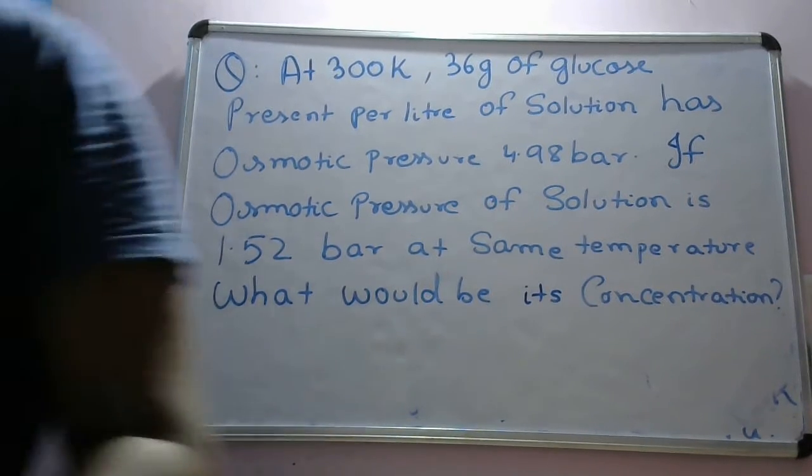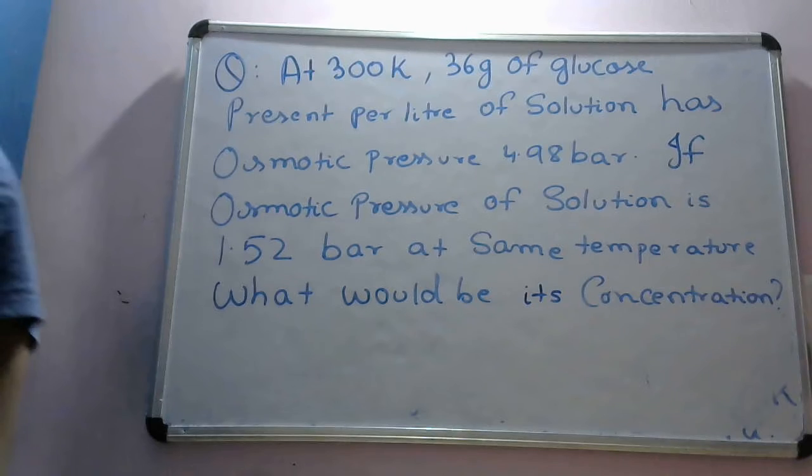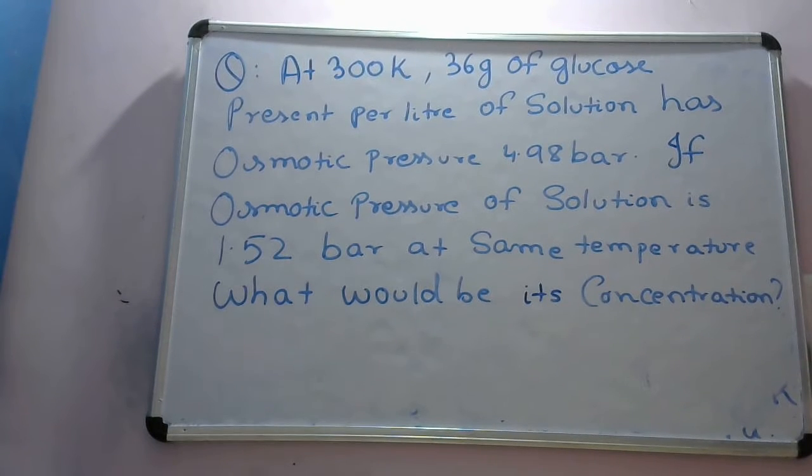Hello students, so this is another video on an osmotic pressure question from NCERT. It is given that at 300 Kelvin, 36 gram of glucose is present per liter of solution and has osmotic pressure 4.98 bar.